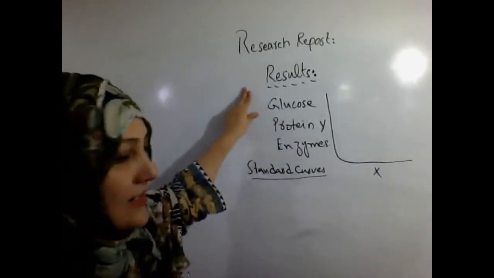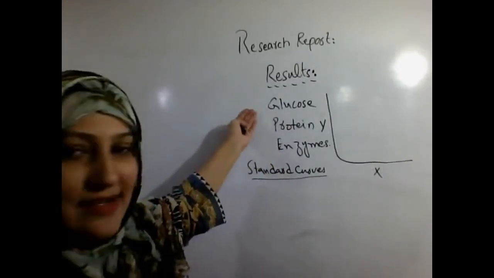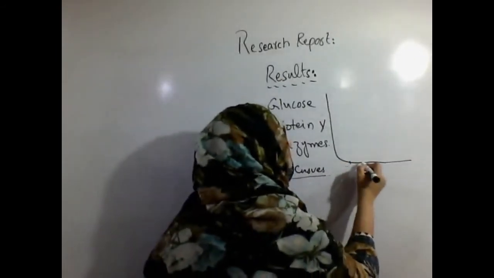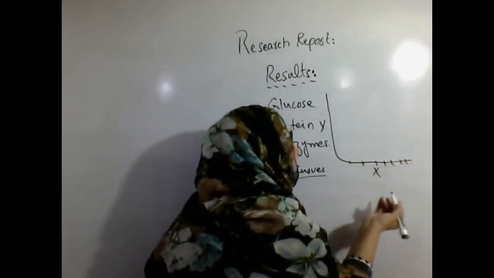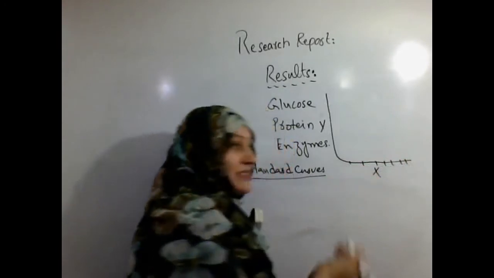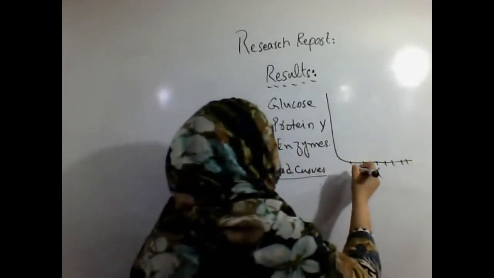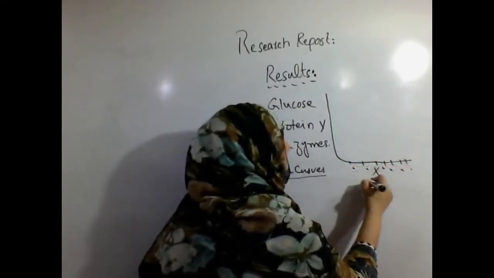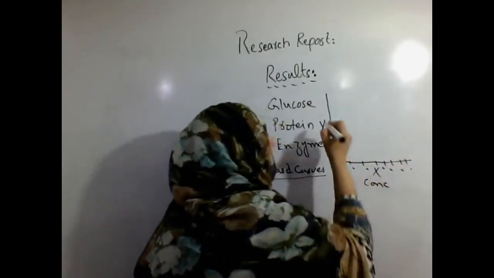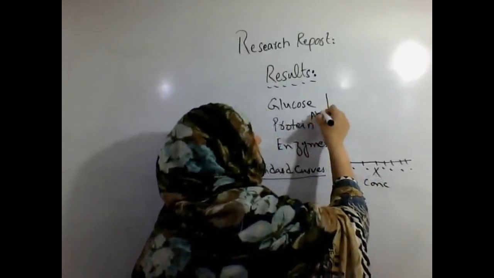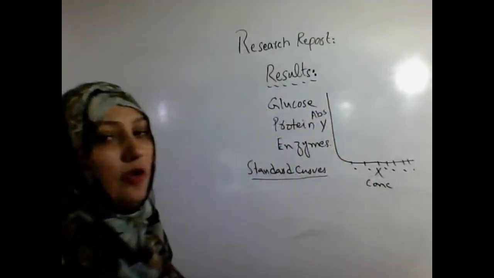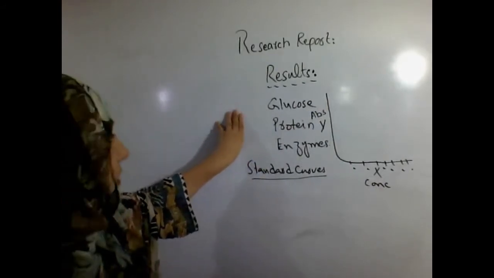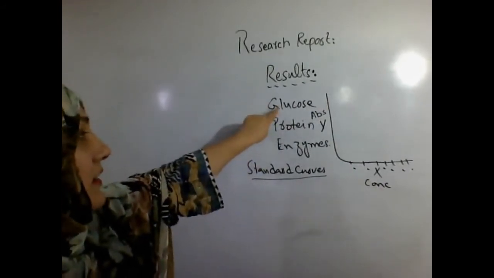If you have to calculate the amount of glucose in your samples, you must have different standards of the glucose concentration. You have taken the absorbance by using the spectrophotometer for the calculation of the amount of glucose in your sample.